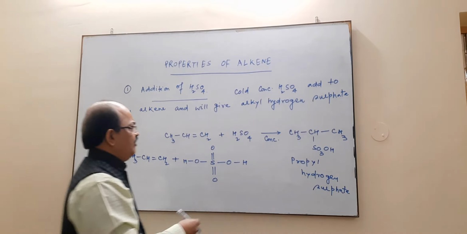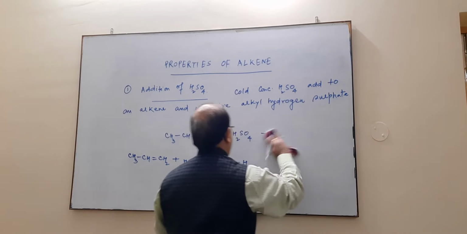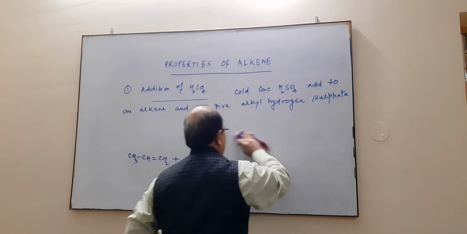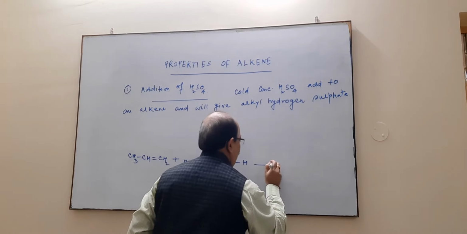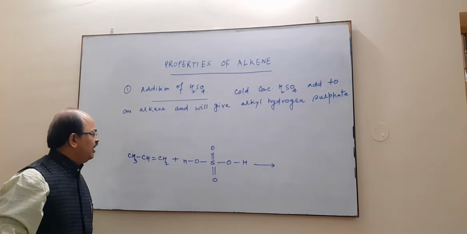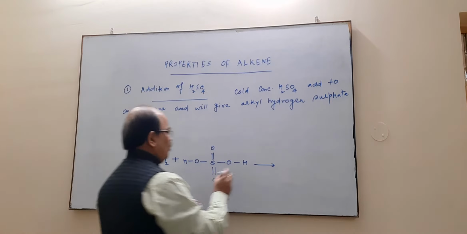Now what happens if we consider the Markovnikov rule? The Markovnikov rule is the negative part of the adding molecule will attach to the carbon which has lesser number of hydrogen. So what will happen?